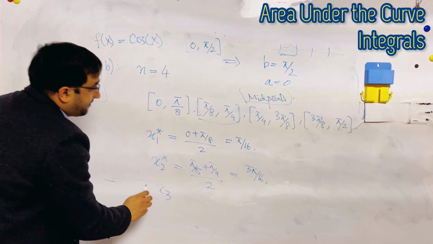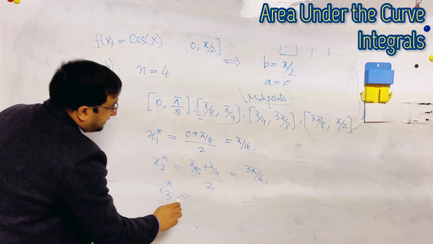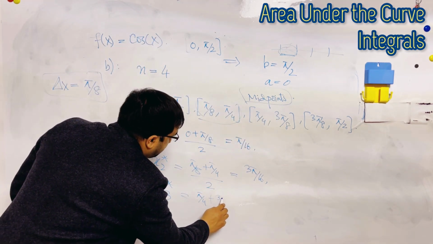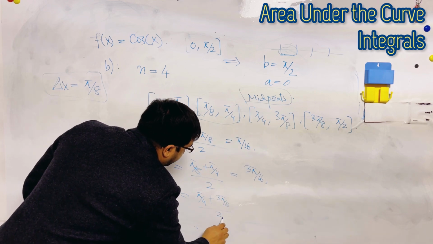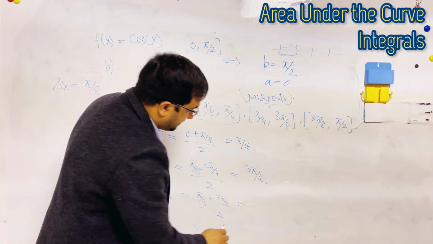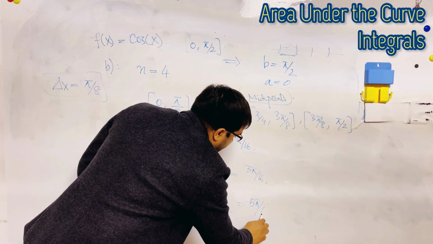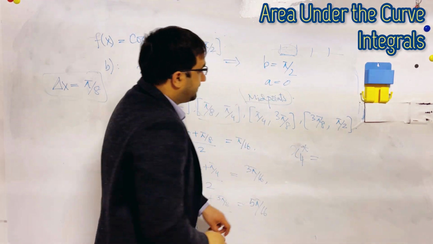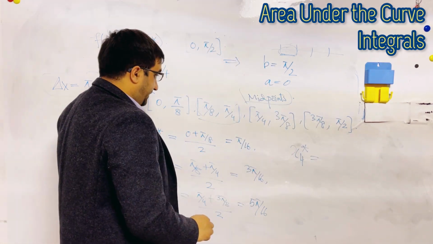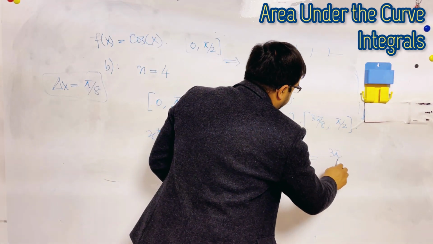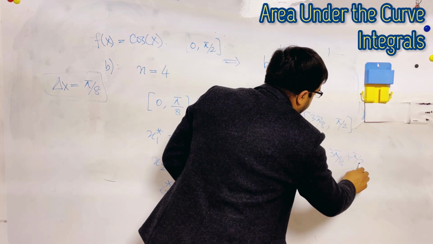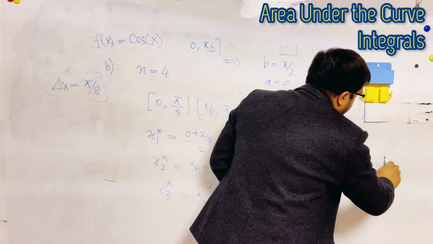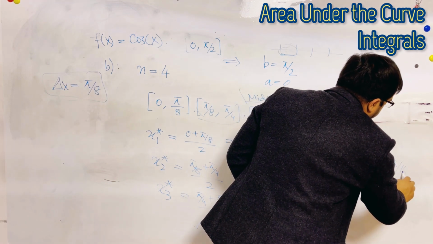Similarly, the third midpoint is pi by 4 plus 3 pi by 8 divided by 2, and the answer is 5 pi by 16. And the fourth midpoint is 3 pi by 8 plus pi by 2 whole divided by 2, and the answer is 7 pi by 16.